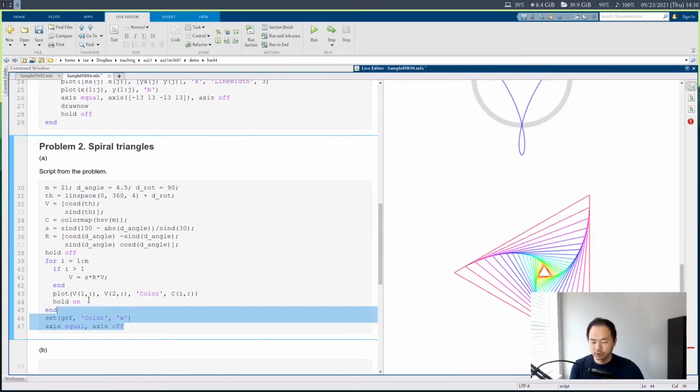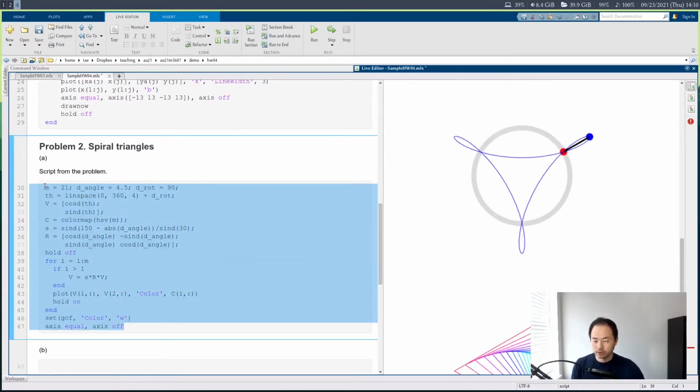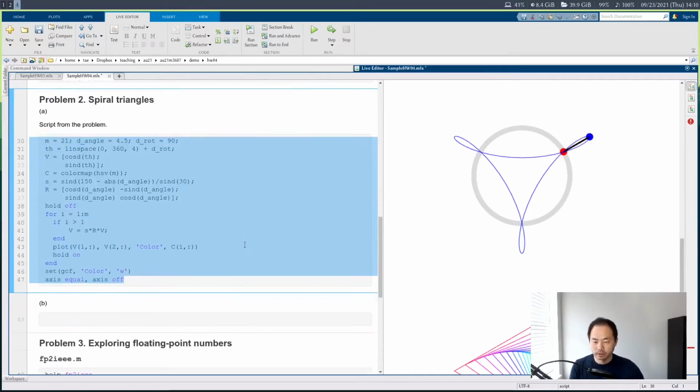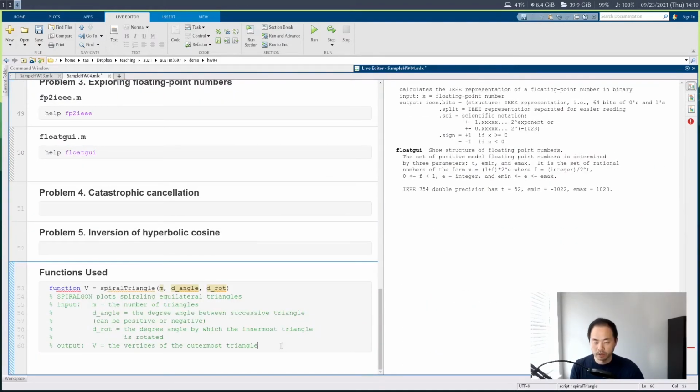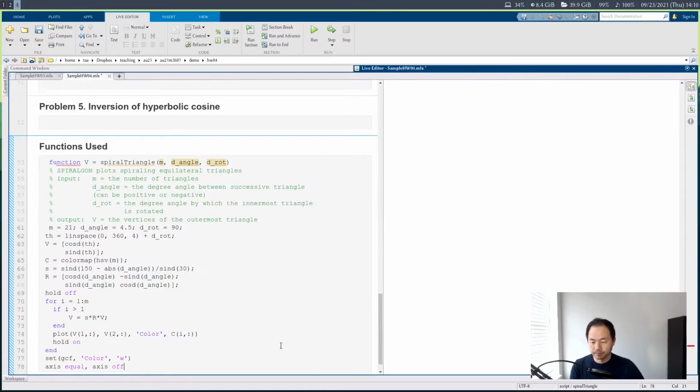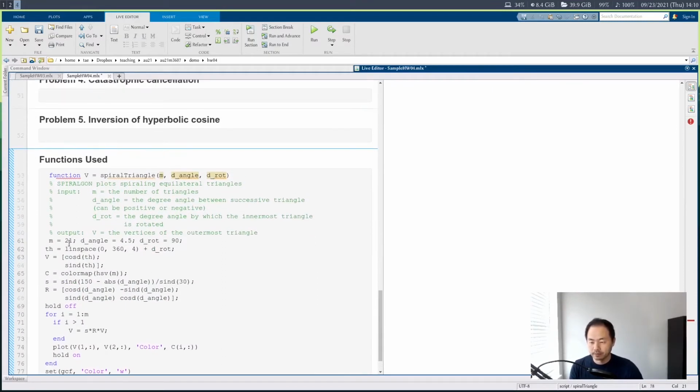Okay. So if you have a well-written script with clear inputs and outputs, I know that this first line has to do with the inputs, and as you can see, this M matches with that M, d angle, d rod, and d rod rotation in degrees.